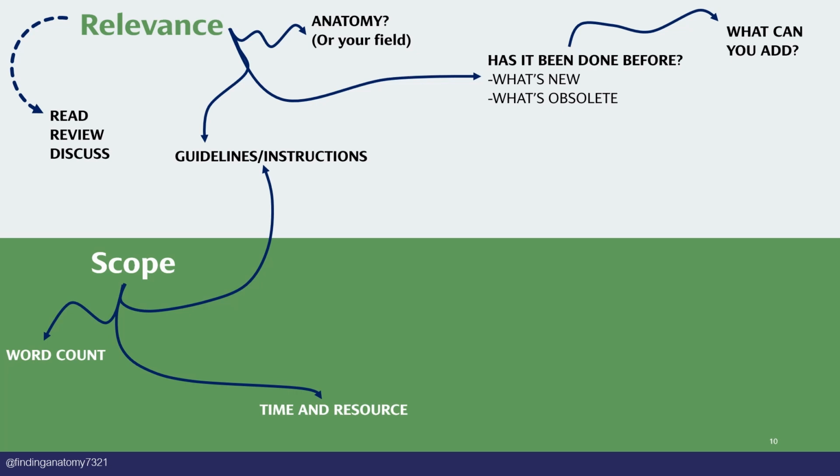And this should be decided based on how much time and resources you can dedicate to it, and how many words or pages you can write about it. Because if you choose something too large, you'll find it difficult. So again, reading through the previous literature, reviewing what you have in mind, and discussing it with your supervisor and your seniors will help you get an idea of how to decide the scope of your project.